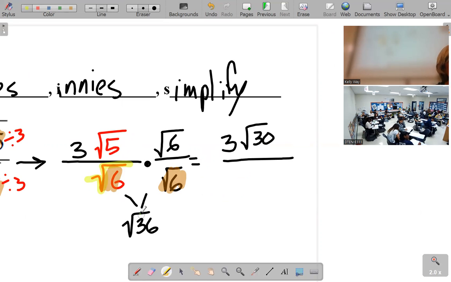Technically, root 6 times root 6 out loud is what? Root 36, which is just 6. Got it? Not done yet.